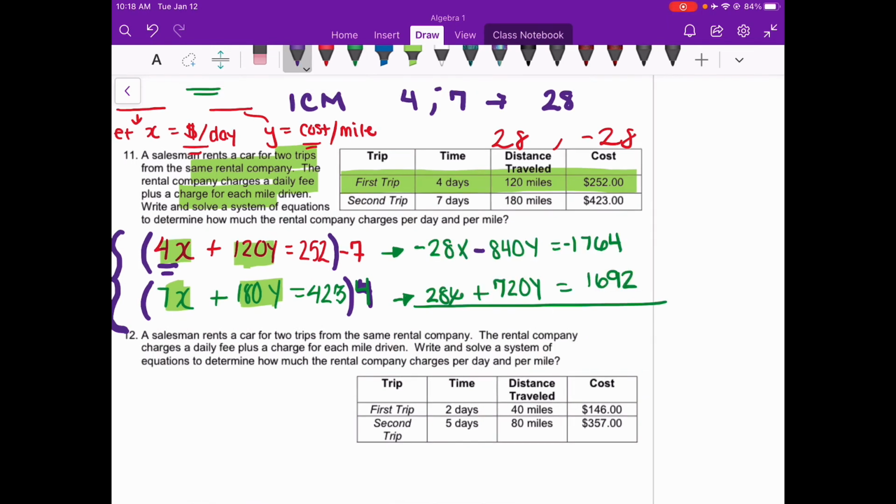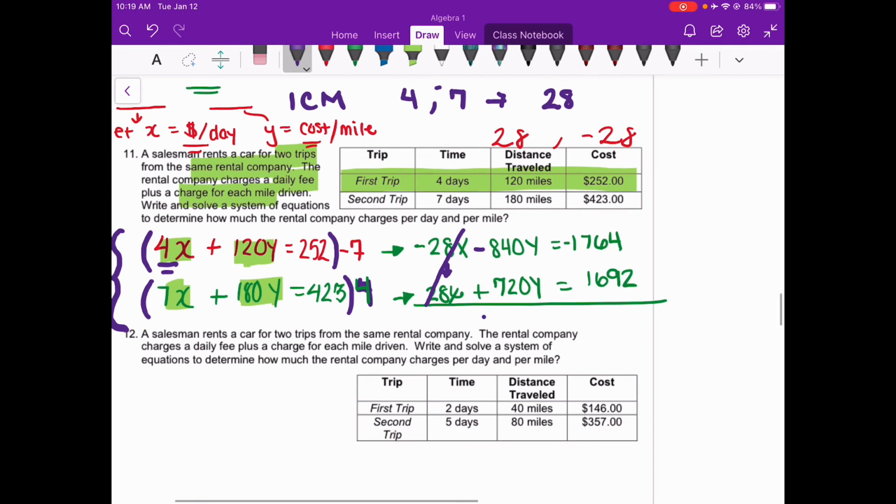All right, so here are your two new equations. You want to add downwards, so negative 28 plus 28 will cancel. Negative 840 plus 720 will give us negative 120. I know they're big numbers, but they will give you an accurate answer. And then 1764 plus 1692 will give us, and again, I'm using a calculator here.